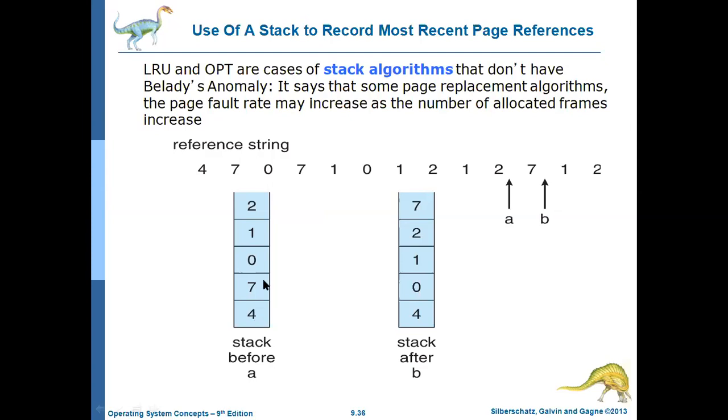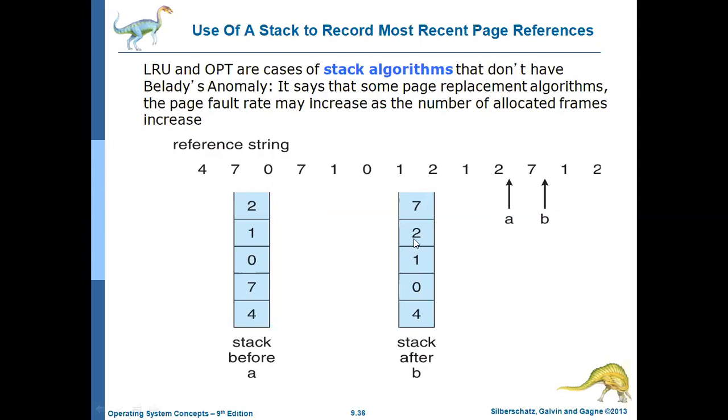So 0 is taken off. Then what are the new entries? The new entries are 7, 1 and 2, in the place of the respective earlier entries: 0, then 1 takes its place, then 2 takes its place.